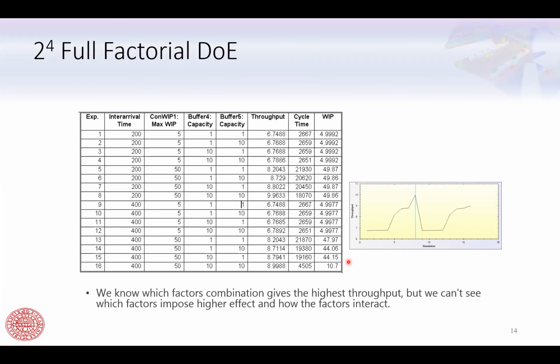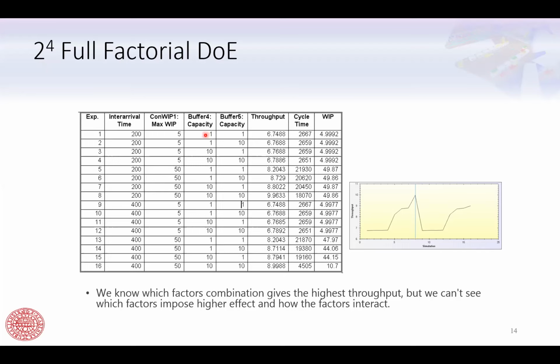Let us look at the result you get from FACTS if you run a design of experiment, full factorial, and then we normally use this notation to represent how many simulations you need to run for a full factorial. How many factors do we have? Now we have 4 factors, and that's why it's 2 to the power of 4. And you can imagine you are testing 2 levels, a low level and a high level.